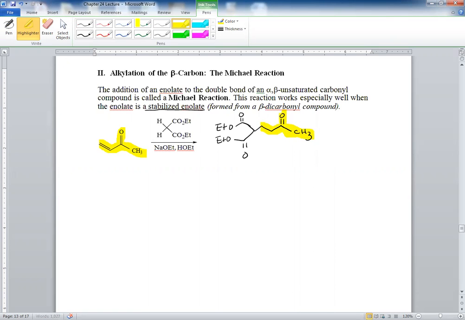And let's use green for the other one. Right here. Okay, so let's actually look at the mechanism.